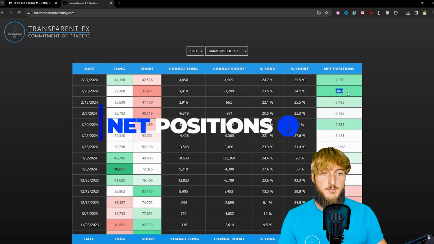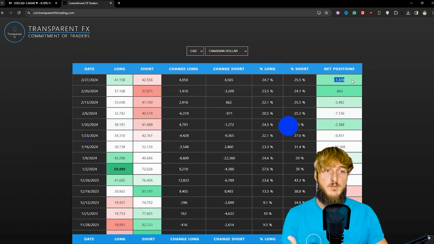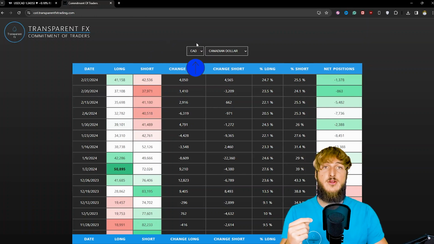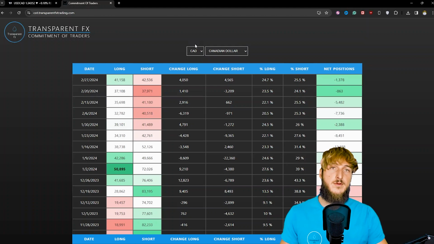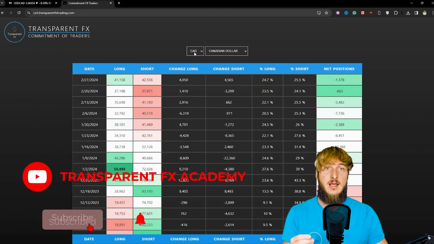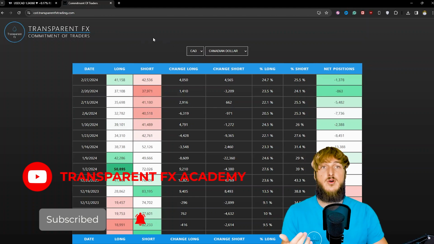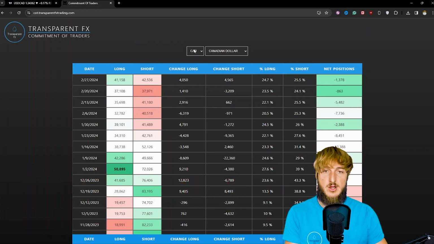We went from having minus 863 to minus 1.3k net positions, so institutions once again are starting to decrease their net positions, therefore moving back to the bearish side for the CAD. And keep in mind that all currencies on the spot are traded against the USD. So in order for institutions to be shorting the CAD, they are essentially longing USD CAD, therefore making it stronger, because a decreasing strength of the CAD makes USD CAD stronger.